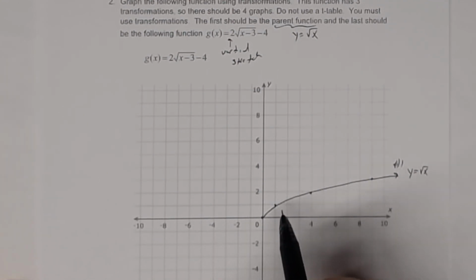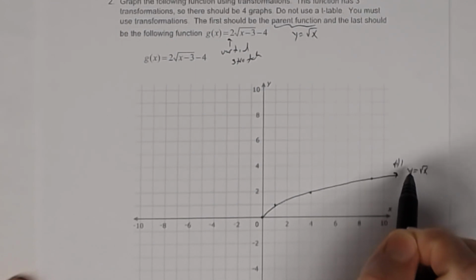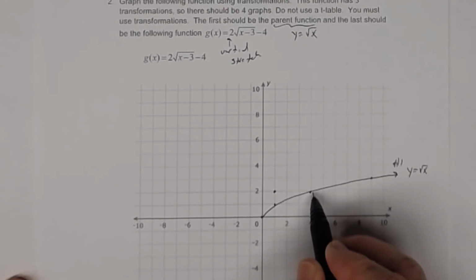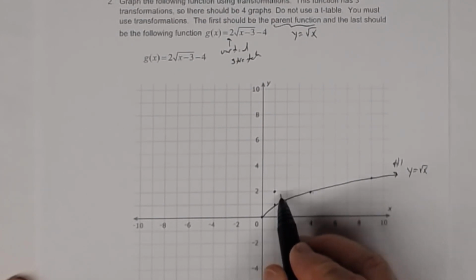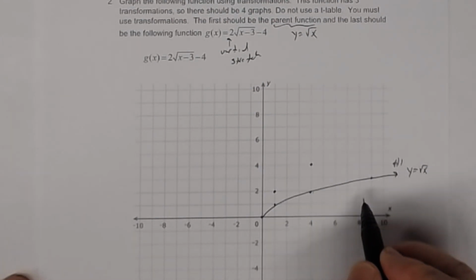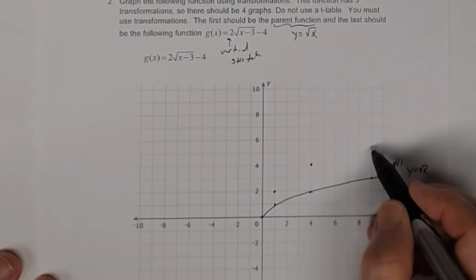What's happening is that each of those y values, you're multiplying by 2. This y value right here is 1, and 1 times 2 is 2. Since this y value is 2, I multiply by 2, and 2 times 2 is 4. Remember, the x-coordinate stays the same. Over here, my y value is 3. When I multiply by 2, I get 6.